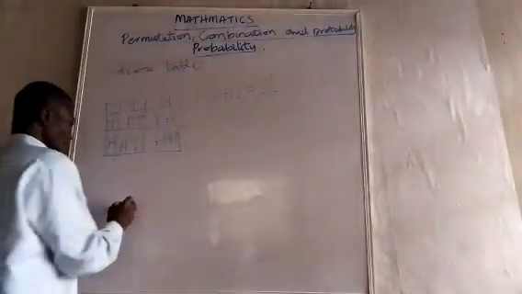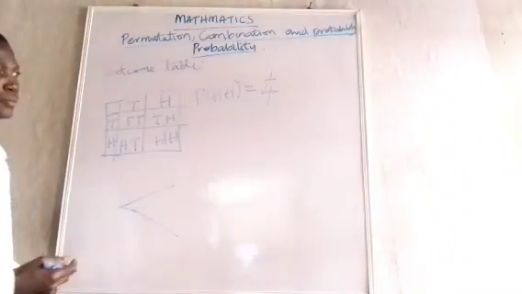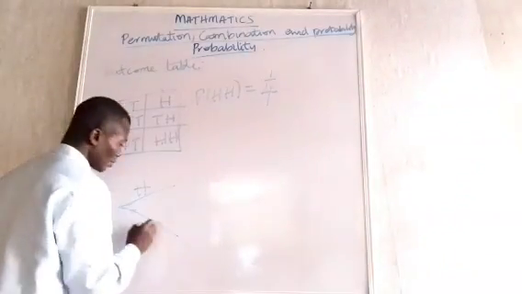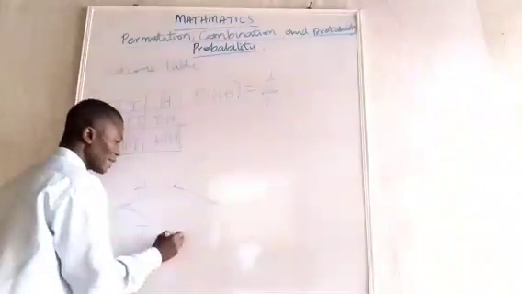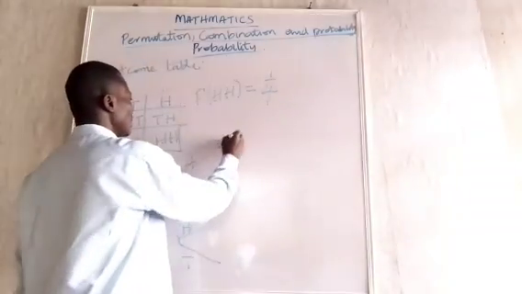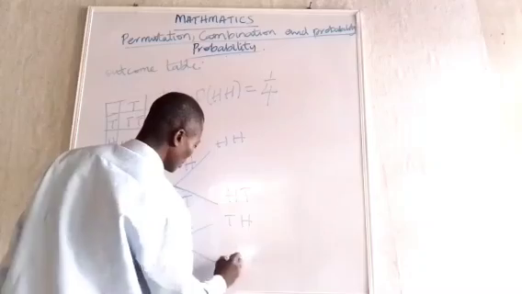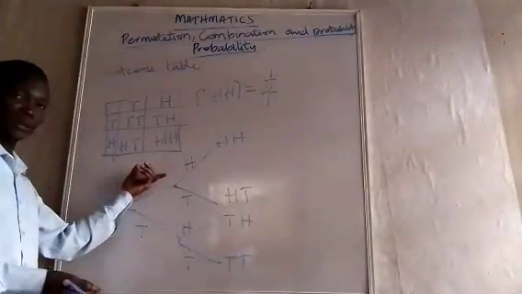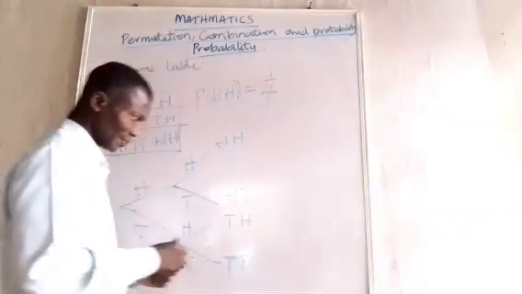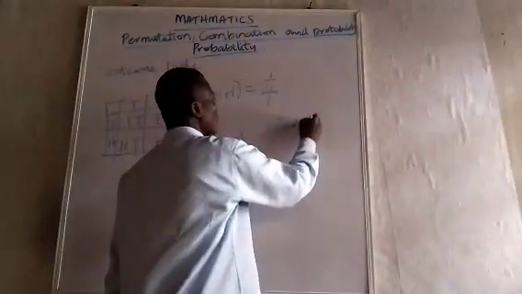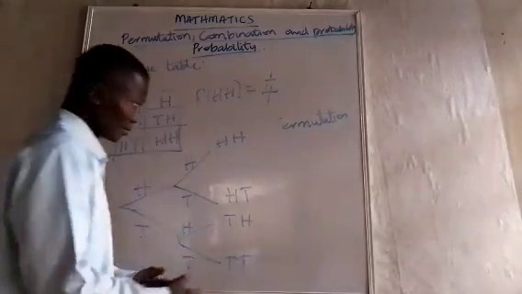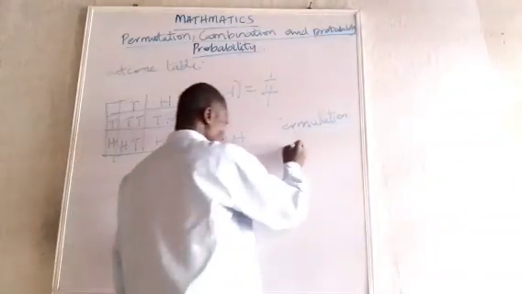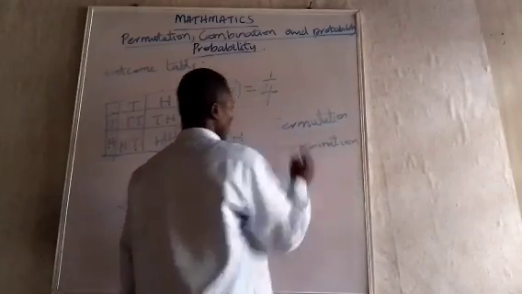Another tool you can use is a tree diagram. Now, head, tail, let me use this. I'm just using an example. When you go into real workings, you can. Another approach is permutation and combination.